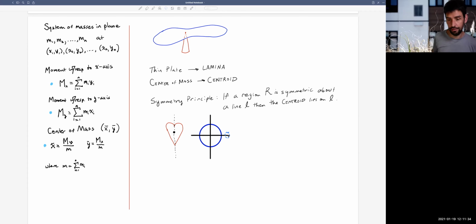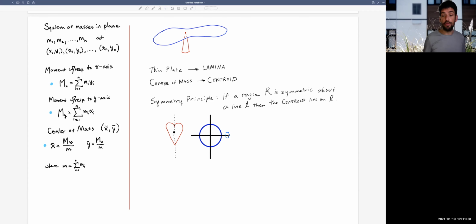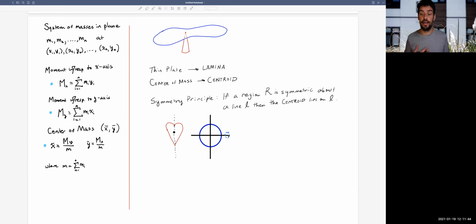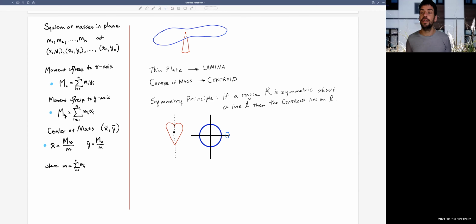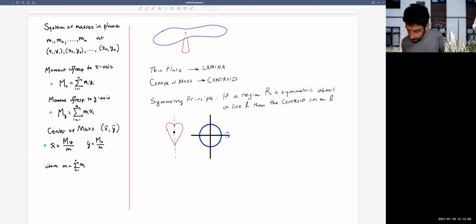And you could draw an infinite number of lines that it's symmetric over at all different angles. But all of them will pass through the center of the circle. And since by the symmetry principle, the center of mass has to lie on any line that has a symmetry for the circle, which is all lines through the center, then that center point that they all pass through is the point where the centroid is, which I think is what we all imagine. If you were trying to balance a plate on your finger, you'd put your finger in the middle. And we don't have to think too hard about that.